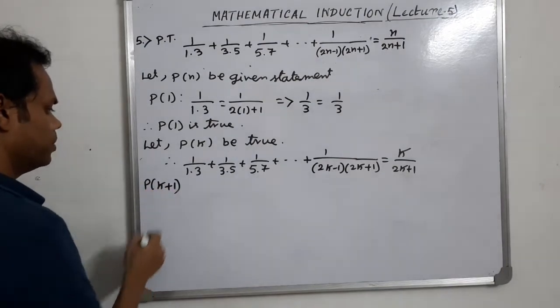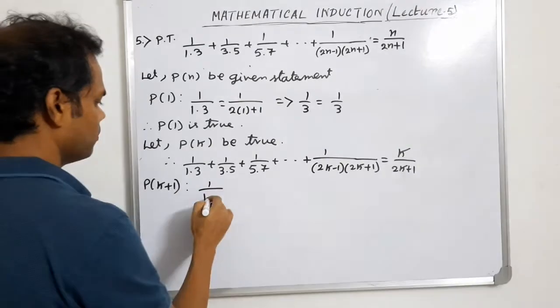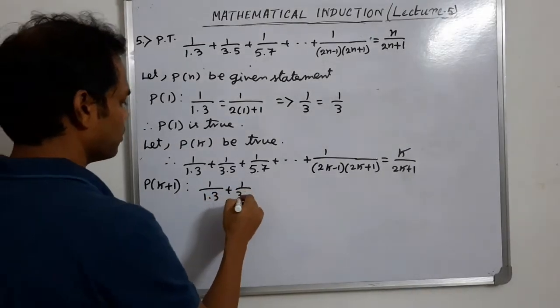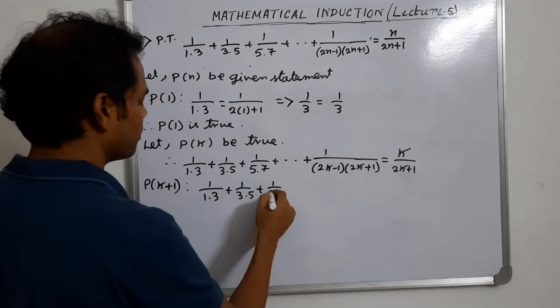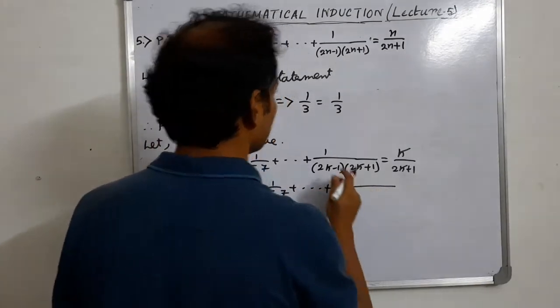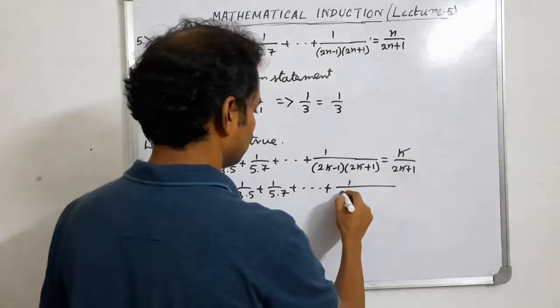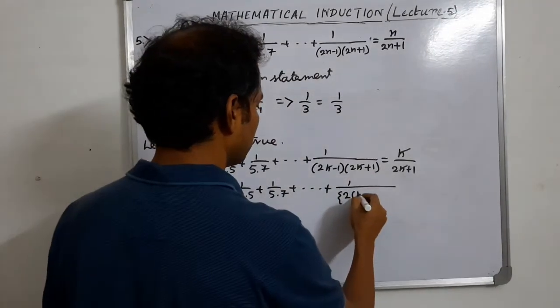For P(k+1), we have 1/(1·3) + 1/(3·5) + 1/(5·7) + ... + 1/, in the place of n we write k plus 1, so (2(k+1) minus 1)(2(k+1) plus 1).